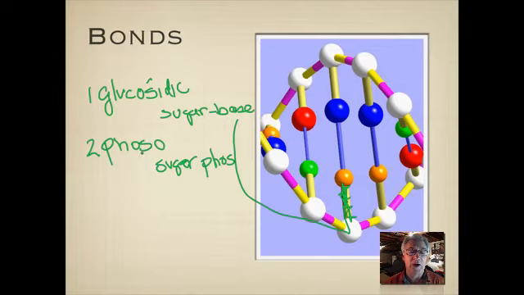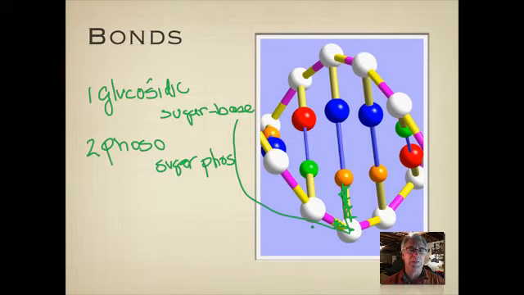The phosphodiester bond is going to be between the sugar and the phosphate right here. Those are 2 bonds that are very rigid. They hang on extremely tightly and don't let go, which makes sense because it's the backbone of our DNA molecule.